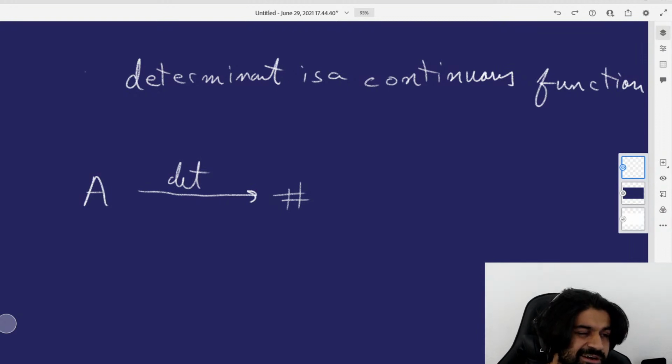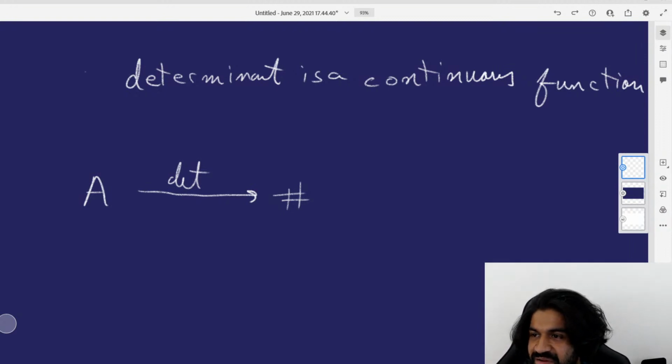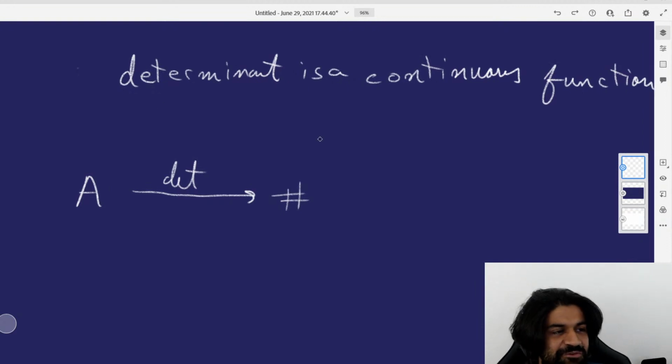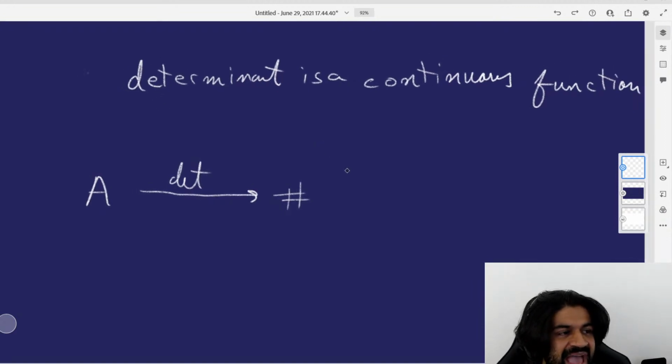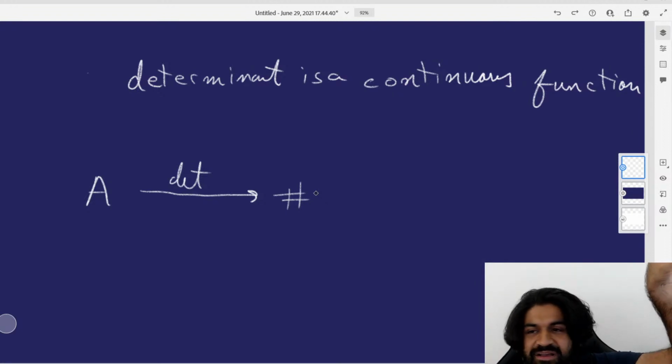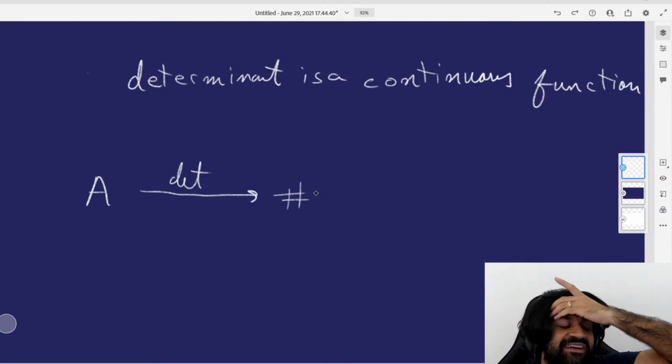We covered a ton of different formulas for the determinant last time, right? And in all of those formulas, it was clear that the determinant was a polynomial function in the entries of the matrix. You could see this particularly in the permutation definition of determinants that we talked about last time, where you run through the rows multiplying various entries.